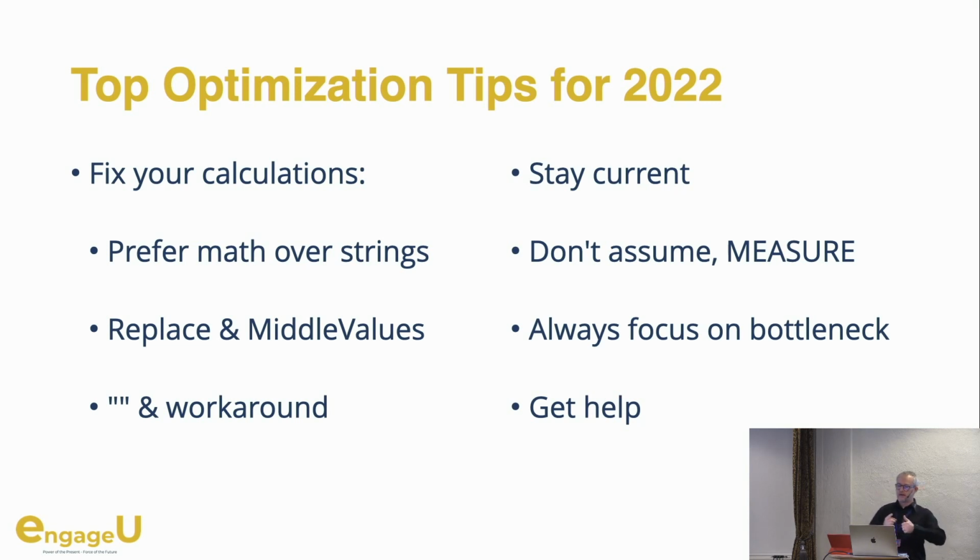Now, do prefer math over strings. It has now been proven that FileMaker is much better with numbers than with strings. It may have something to do with the fact that, I'm not sure how the current version of FileMaker stores data internally, because the full Unicode range of characters doesn't even fit all characters in 2 bytes.